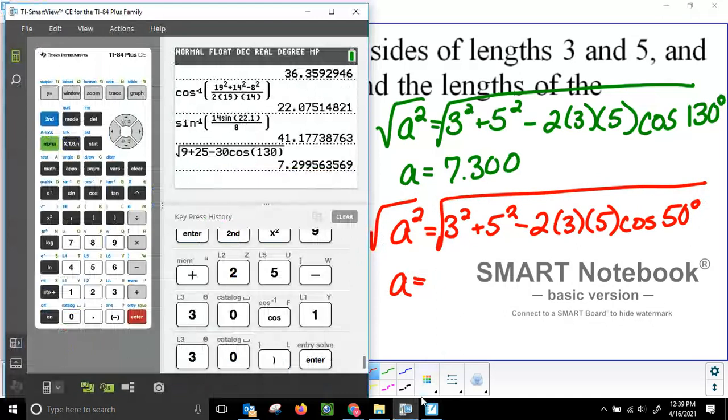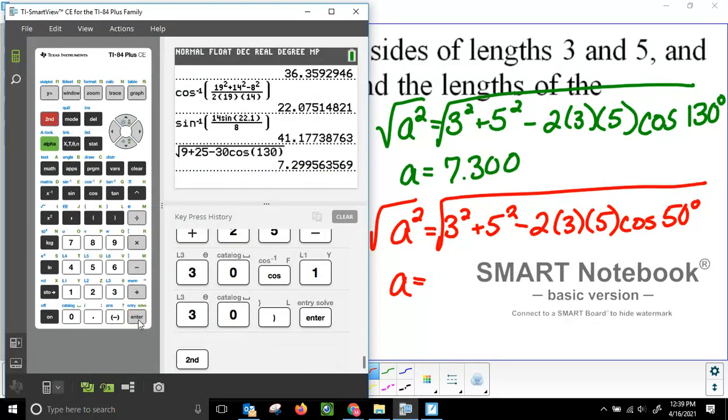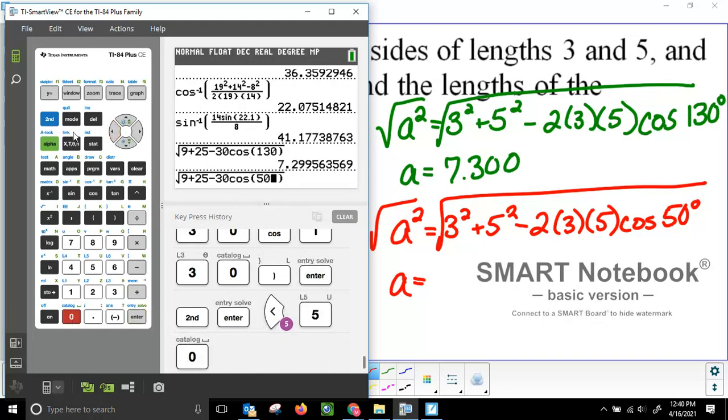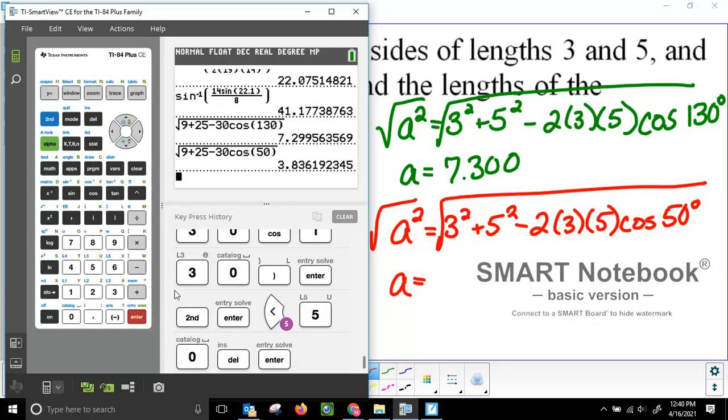This will be much easier in our calculator because if you just hit second enter, it brings up what you just typed in. Everything is the same except for this angle, right? This is going to be 50. So we hit enter there, 3.836.